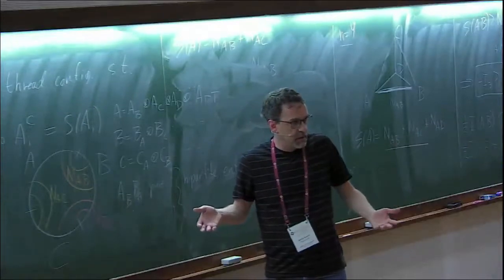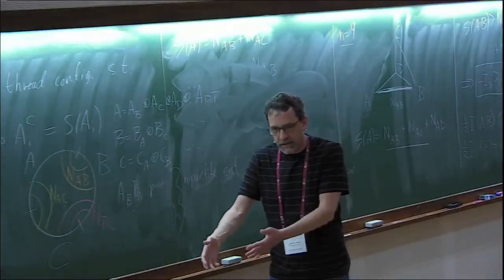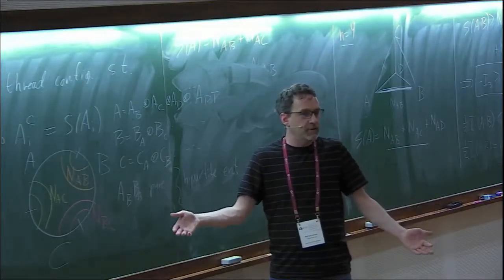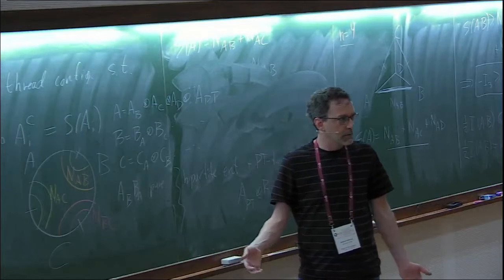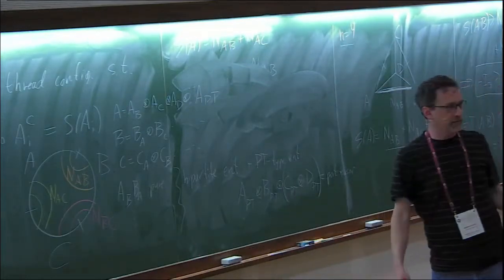That seems to be what's said. Yeah, the entanglement of A with its complement, we know the amount of that is S of A by definition, but it actually decomposes into some amount which is just with B and some amount which is just with C. In a general quantum state, this is not true at all. It seems to look like that.